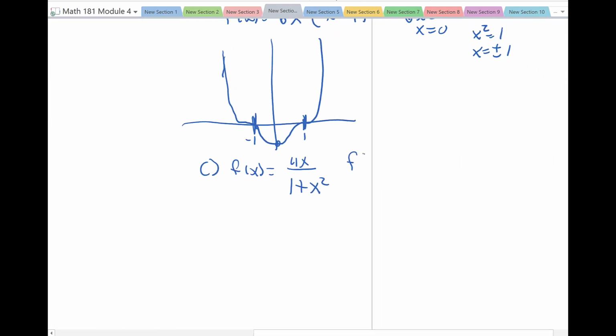So our derivative is going to be low d high, which is 1 plus x squared times 4, minus high d low, which is 4x times 2x, all over the square of what's below.